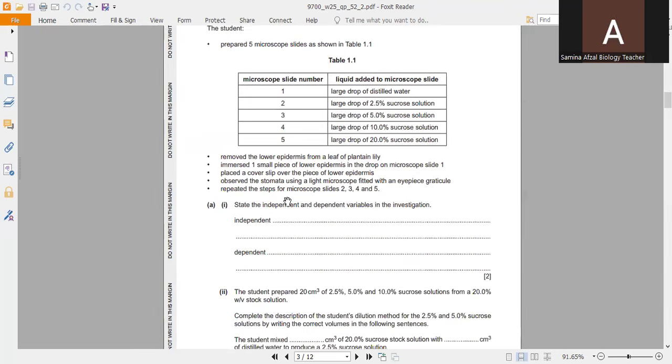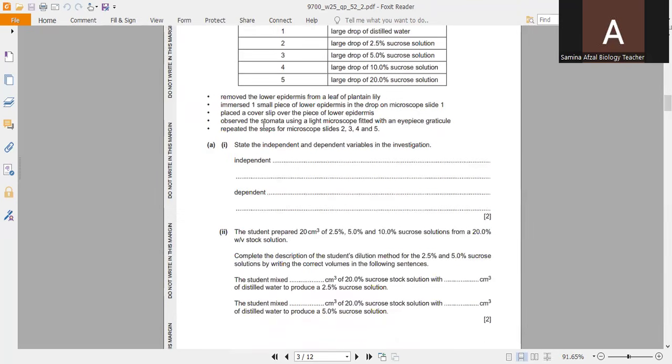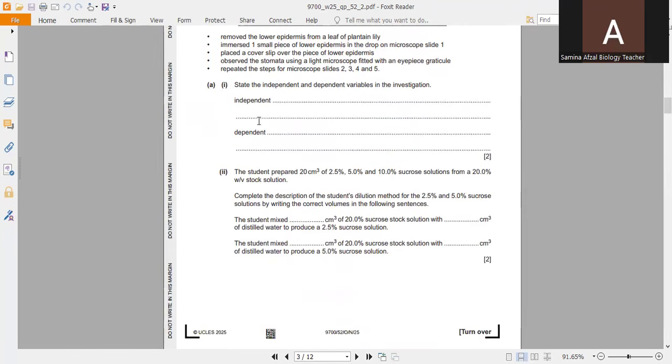These are the 5. Now the student removed the lower epidermis from a leaf of plantain lily, immersed one small piece of lower epidermis in the drop on microscope slide 1, placed a cover slip over the piece of lower epidermis, and observed the stomata using a light microscope fitted with an eyepiece reticule. The student repeated these steps for microscope slides 2, 3, 4, and 5.